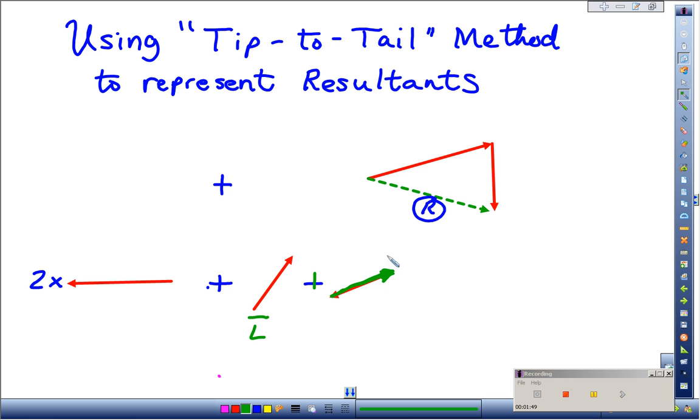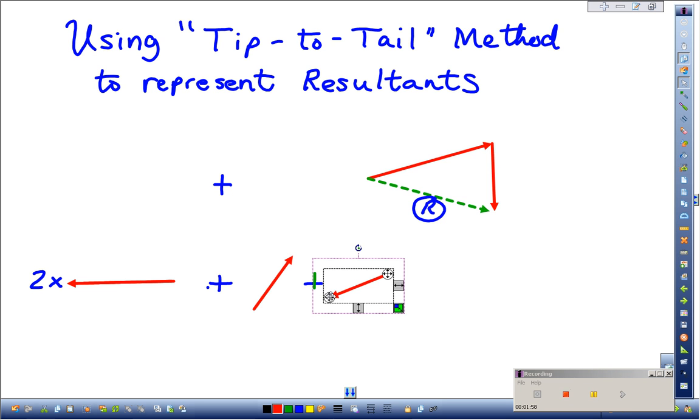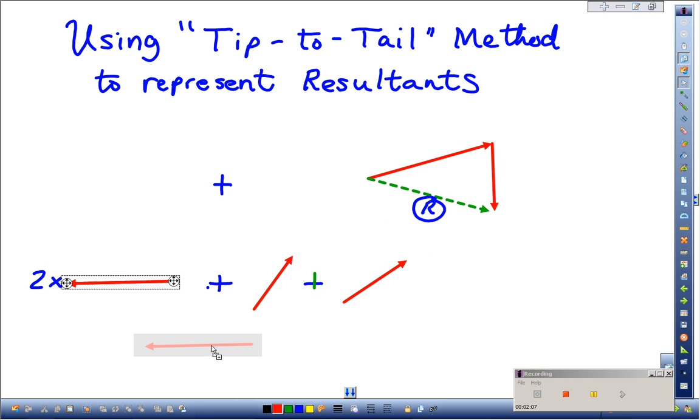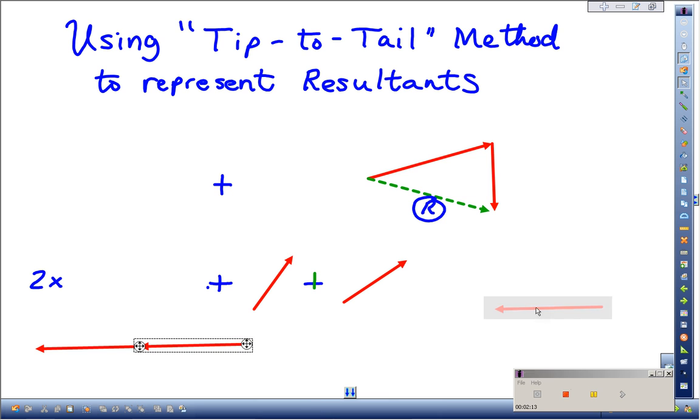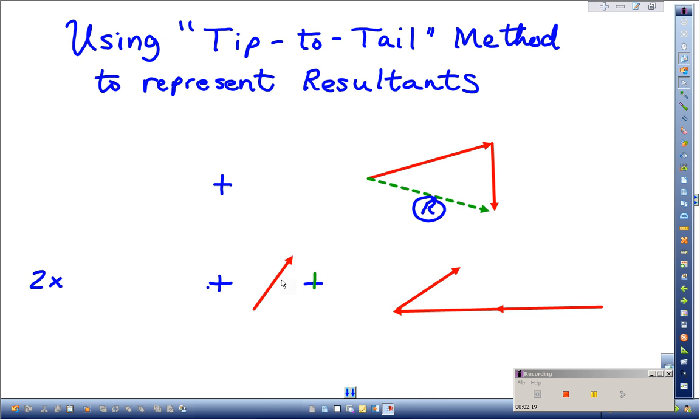So if I were to add these, it'll look like this. I'm going to flip this guy around, same magnitude, and now I'm going to take these two, and I can add them tip to tail, like so, and I'm going to need some room. So I'll add these tip to tail over there, tip to tail there, and tip to tail there.